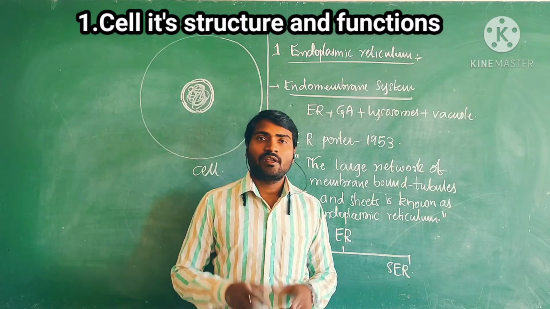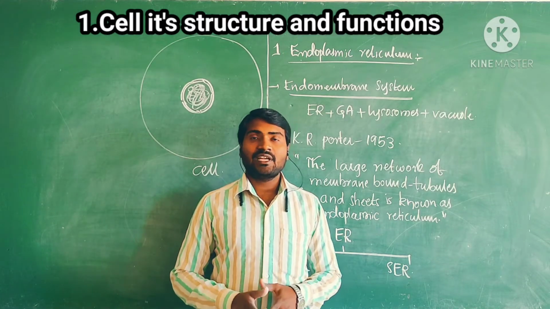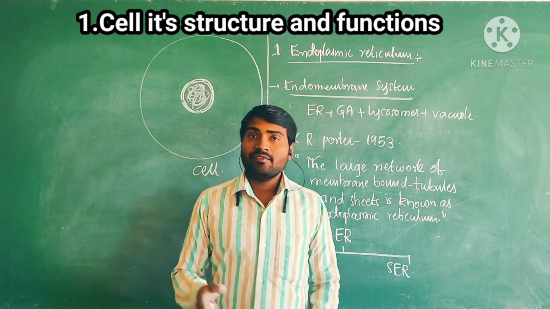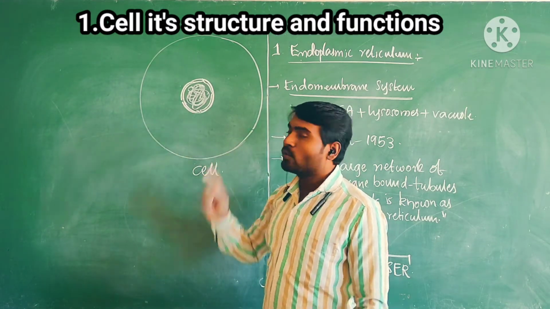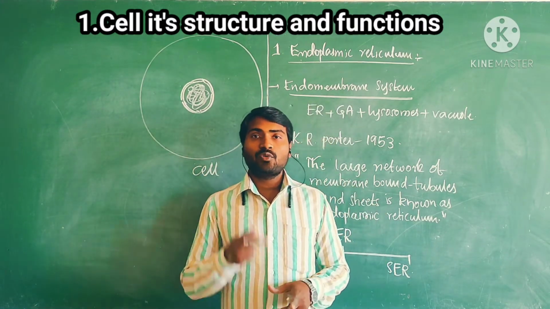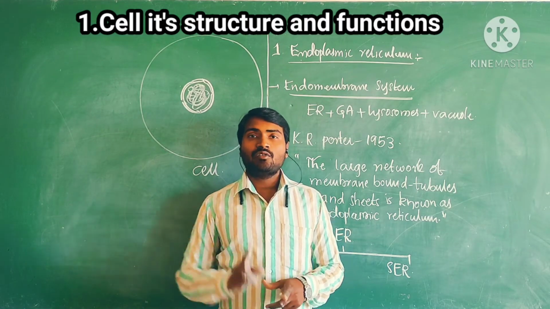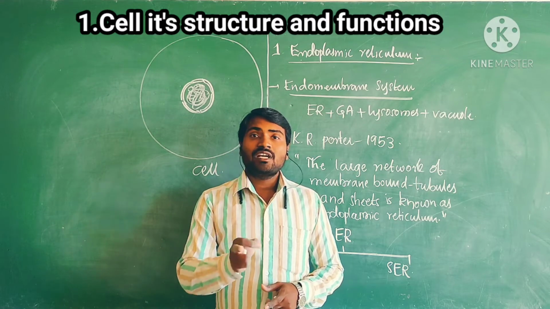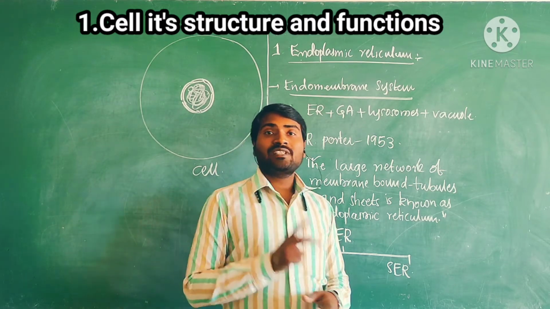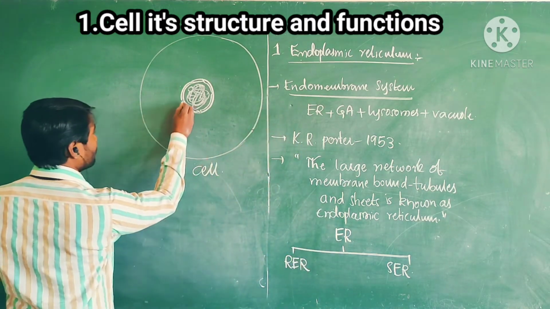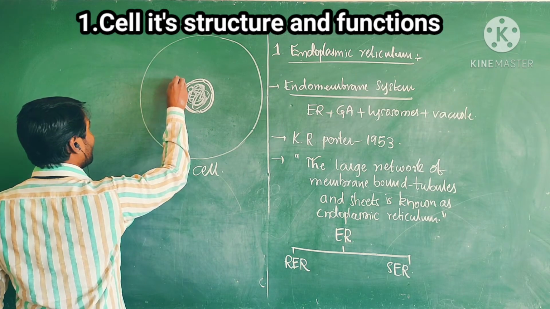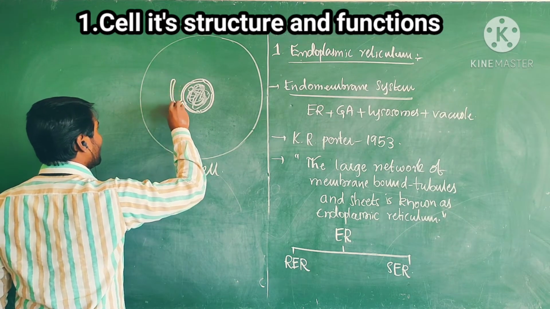Let us see the structure of this endoplasmic reticulum, where it is present inside the cell. As we know, this is a cell and this is the nucleus. The nucleus is made up of two membranes, inner membrane and outer membrane, together called the nuclear membrane. The outer nuclear membrane gives rise to the endoplasmic reticulum.